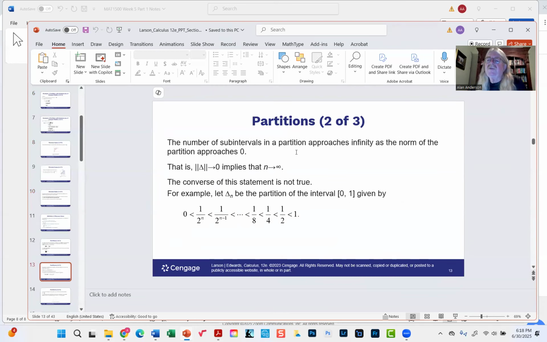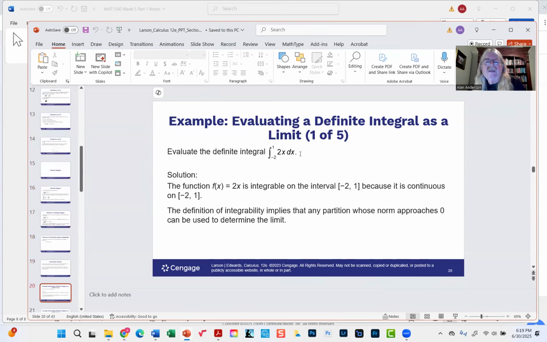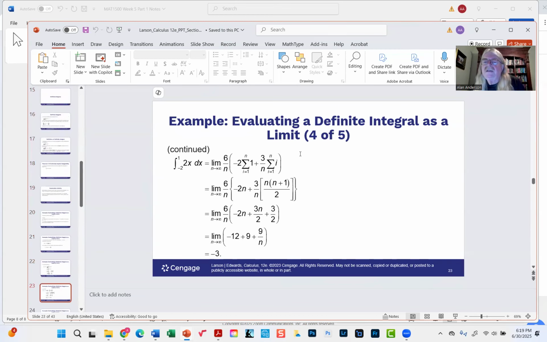The difference between regular integrals and definite integrals is that we can specify a range over which we're interested in the integral. With a normal integral, we're assuming that we're covering the entire domain. It looks like maybe this is something that can wait till next time.